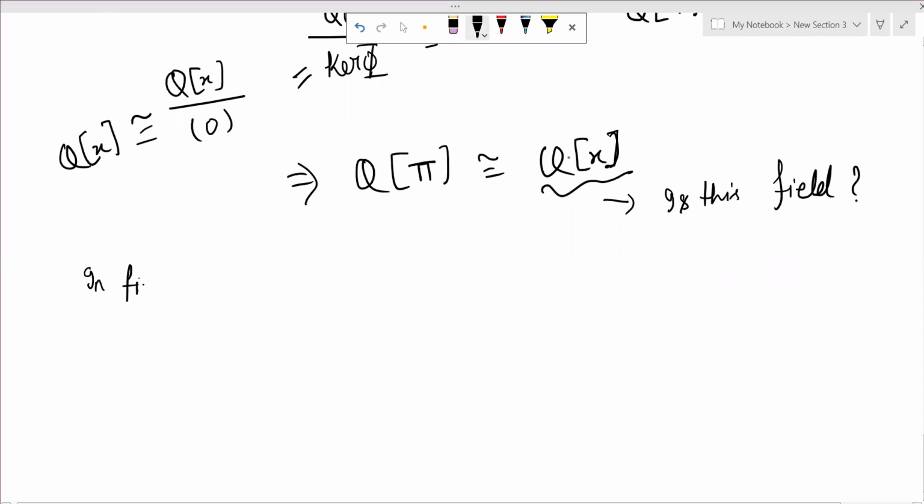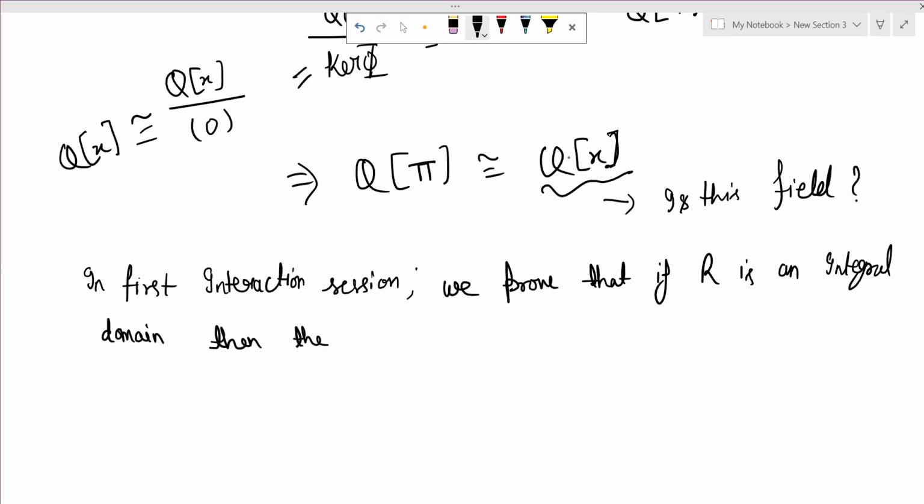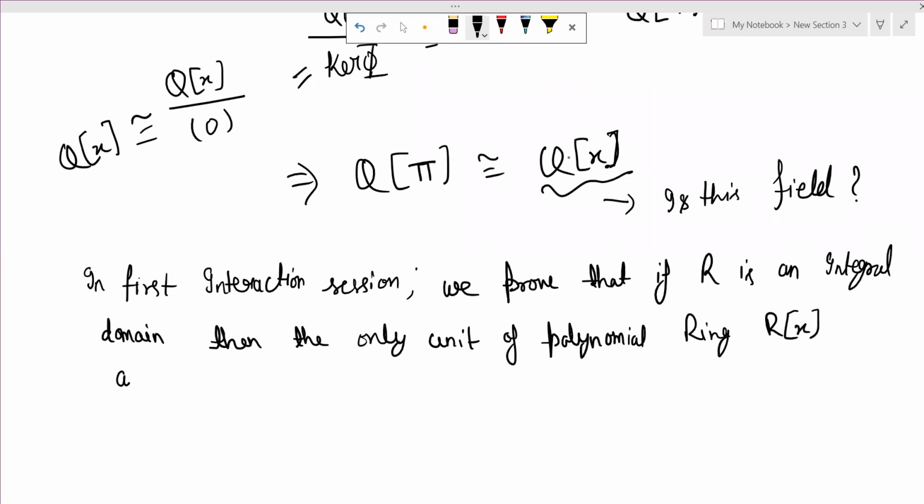In the first interaction session, we proved that if R is an integral domain, then the only units of the polynomial ring R[x] are the units of R.